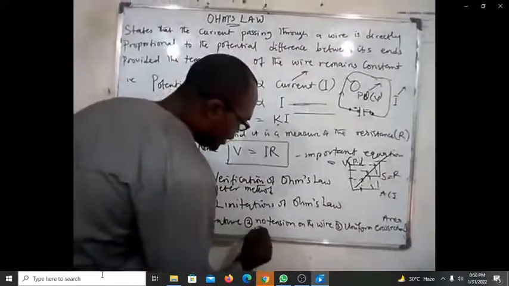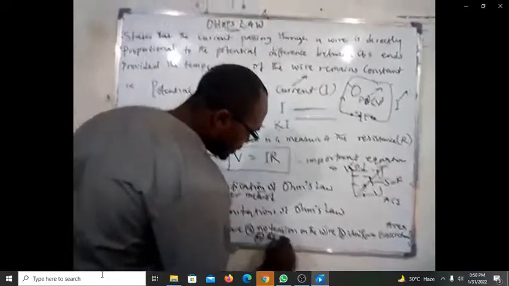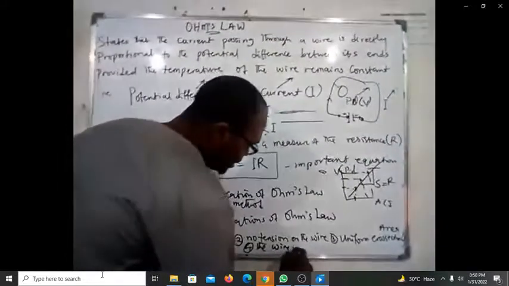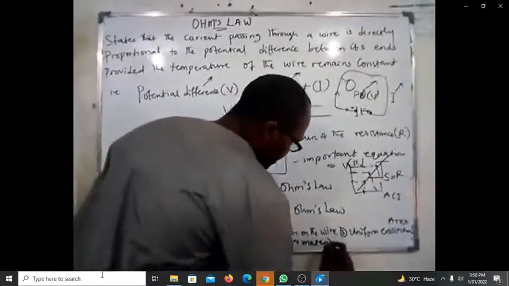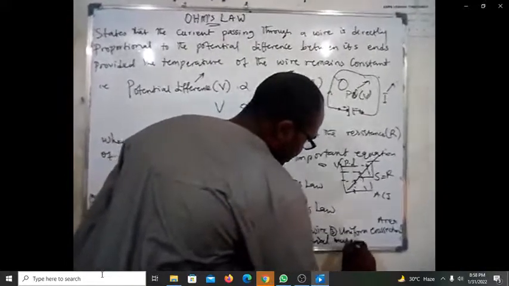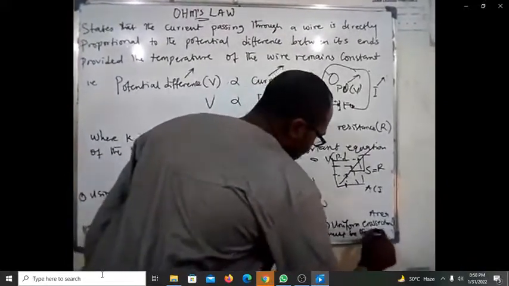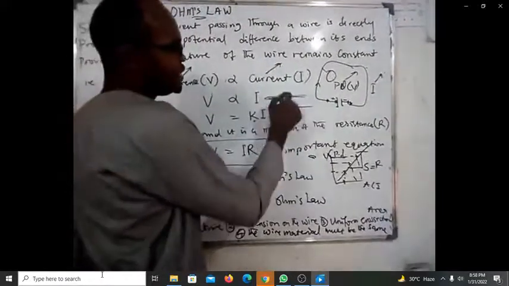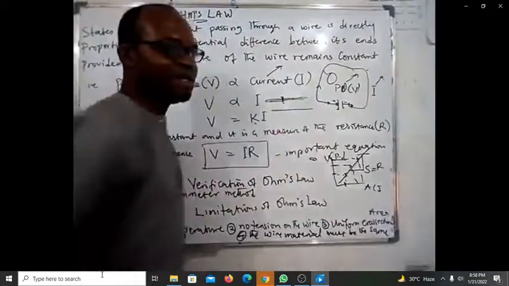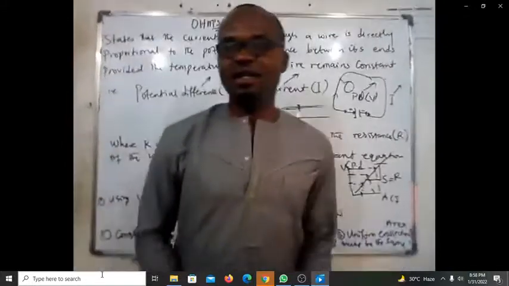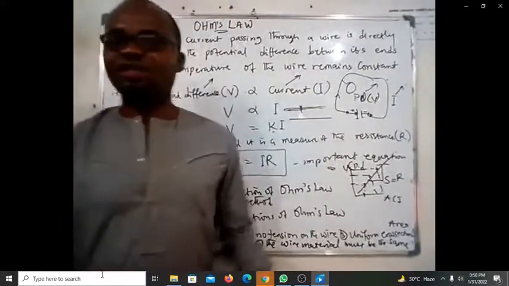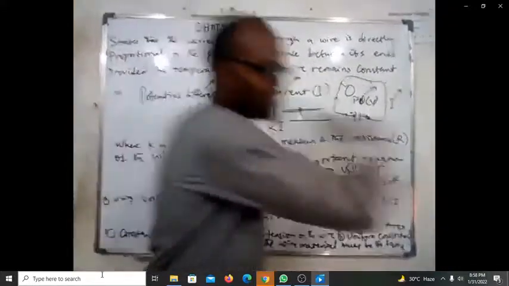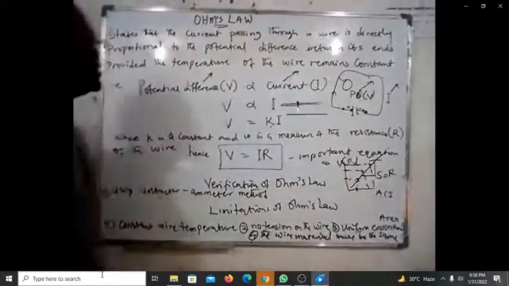The wire material must be the what? The same. You cannot use a wire that part of it is copper and part of it is zinc or something. You understand?